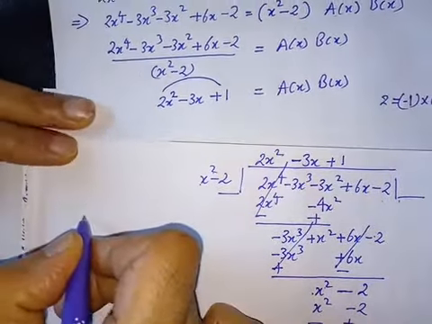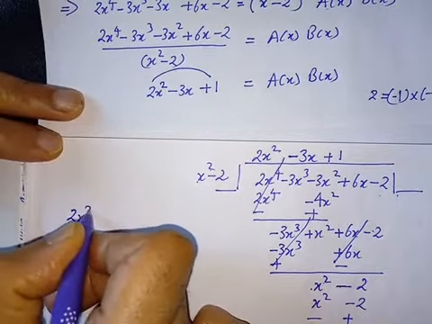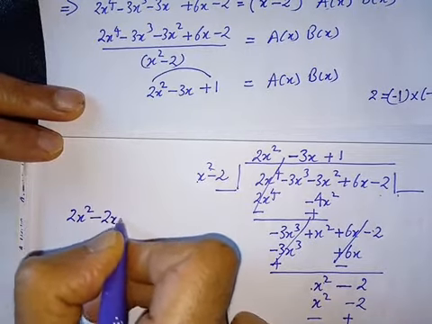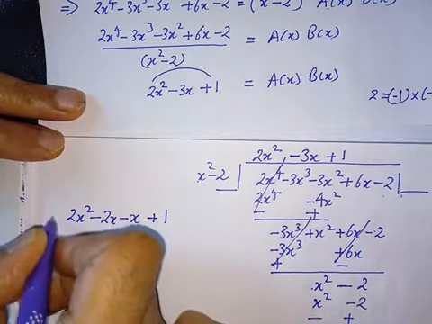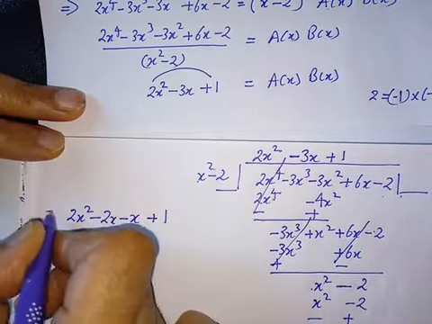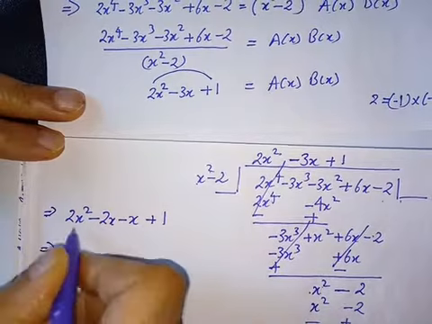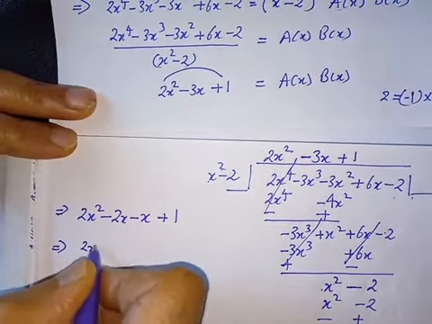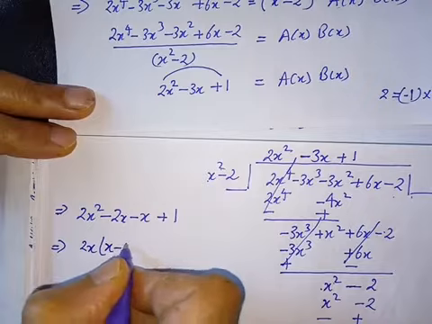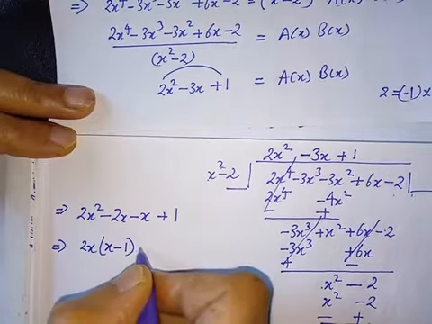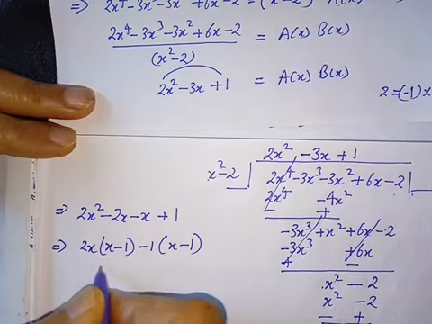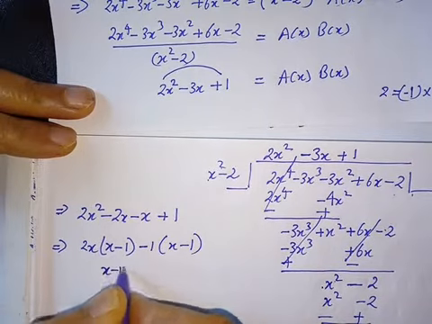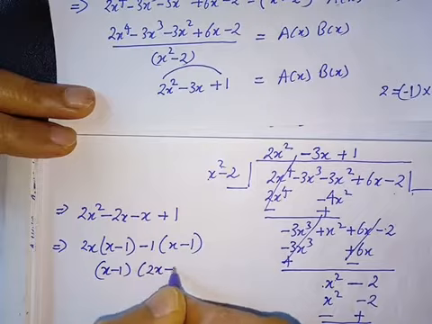So let us factorize it: 2x square minus 2x minus x plus 1. Now between the first two terms 2x can be taken common, so 2x times x minus 1. Between the second two terms minus 1 is common, so we get x minus 1. So on solving this, x minus 1 is common, so 2x minus 1.